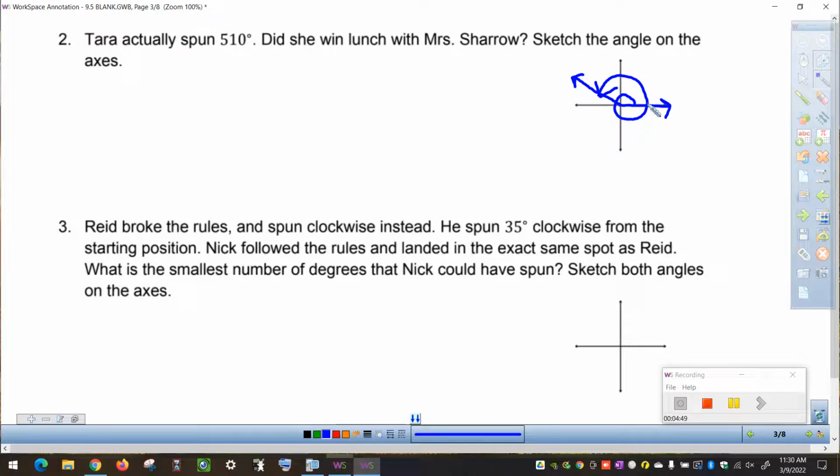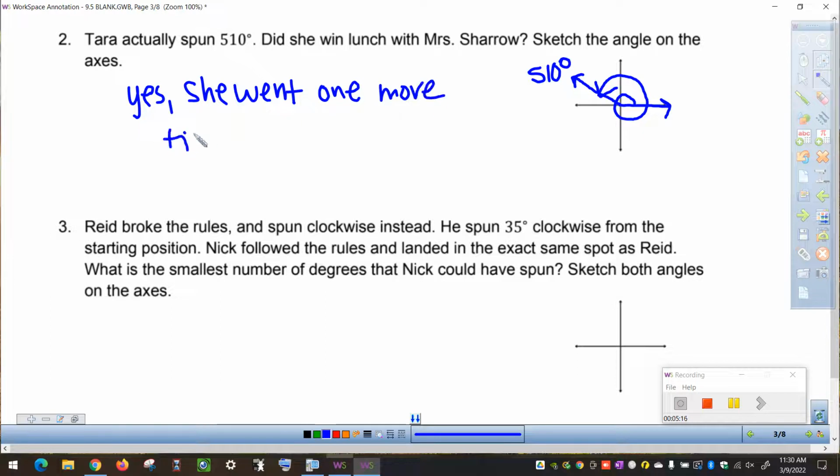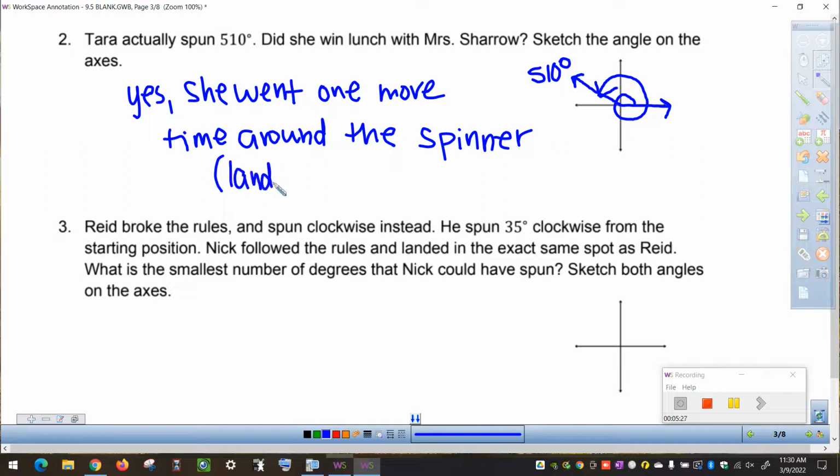One time around is 360, and we would go a little bit further to get all the way to 510. So she really just went one more time around the center, but she was still able to land in the same place.